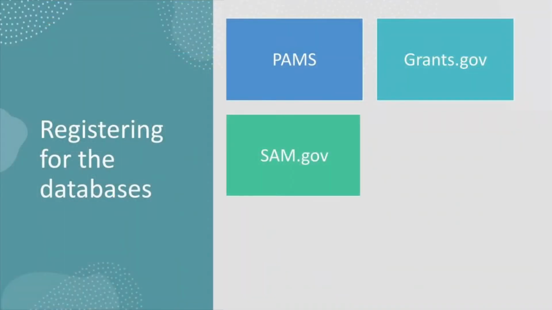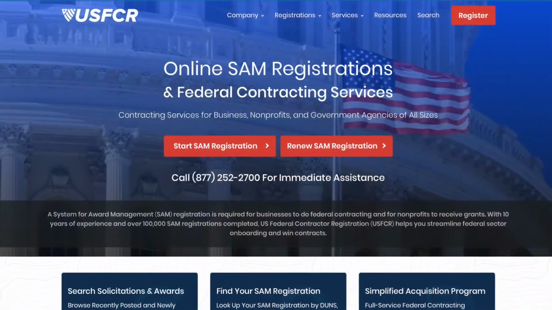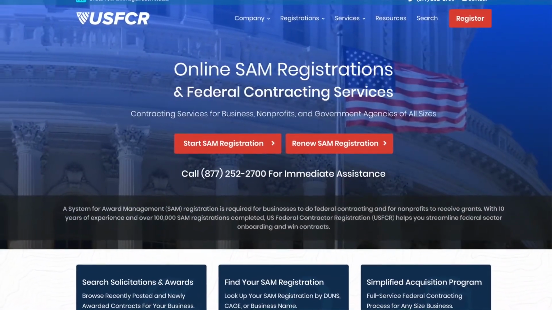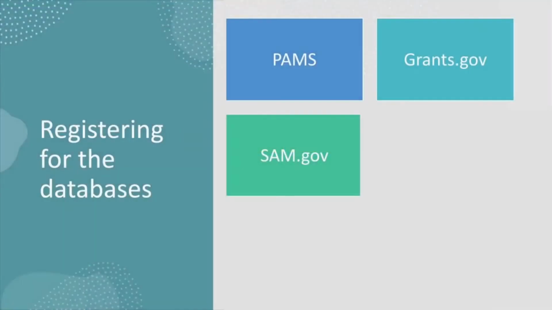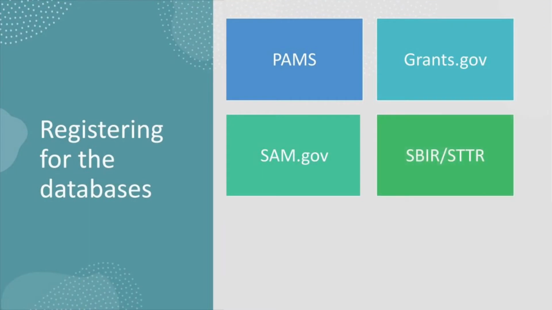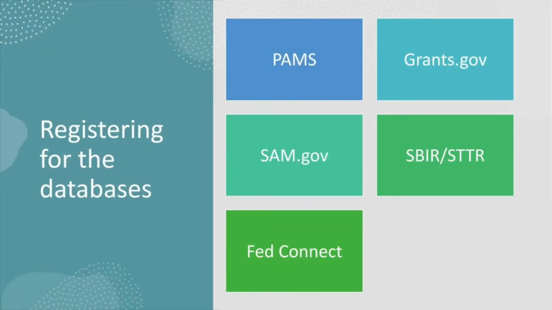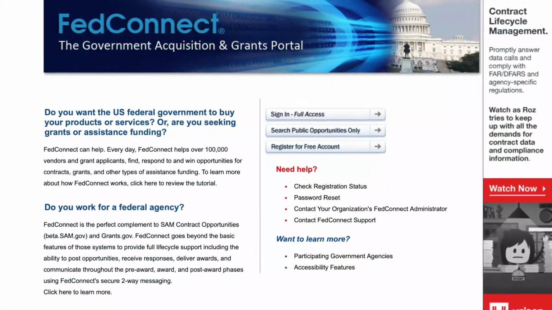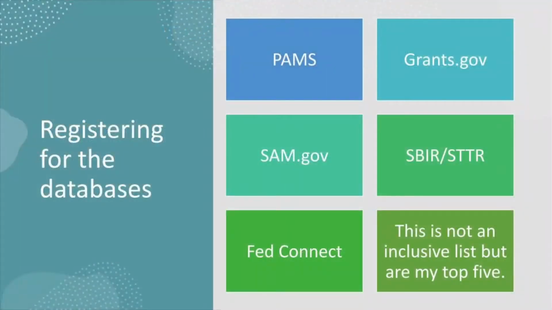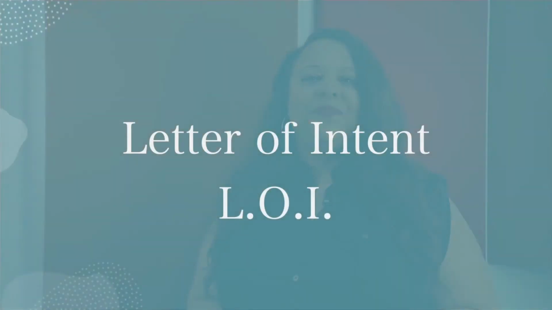SAM.gov, everybody who does any type of government contracting has to register with SAM.gov. And then you'll register for SBIR, STTR, and do not forget to register for FedConnect. This is not an inclusive list, but these are my top 5. And they're not in any order.